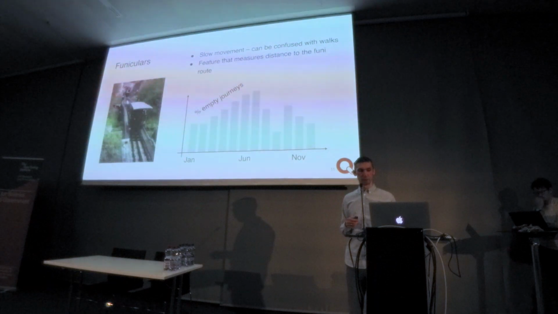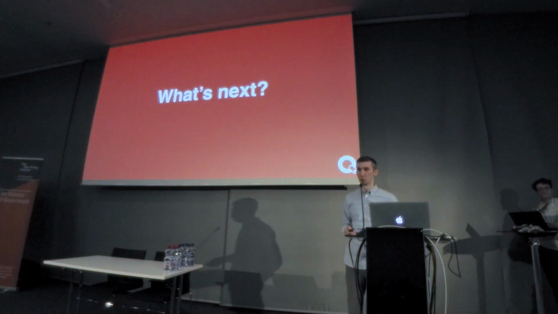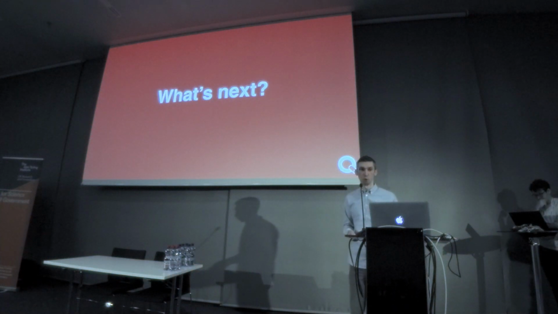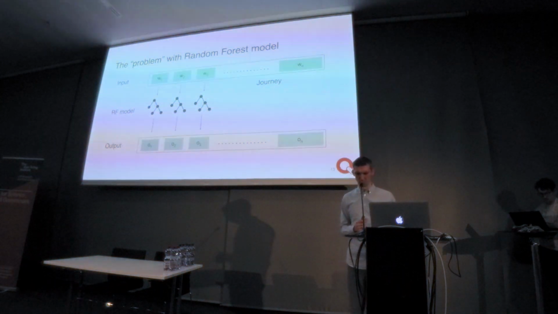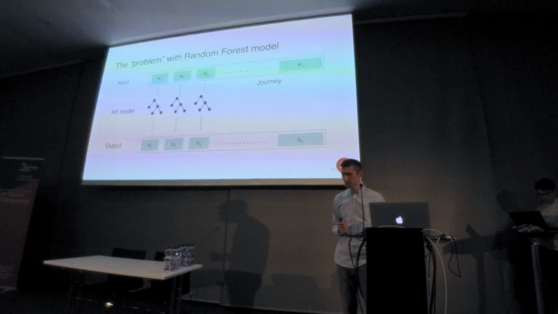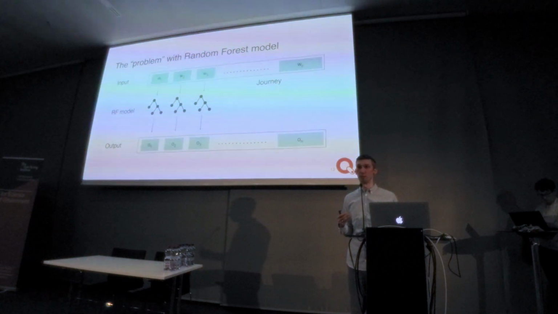So what do we have now? It works really well, as you could see from my presentation. But what next? What kind of problems do we have? Where do we want to move? There is a problem with the random forest model: our data is time series data, right?